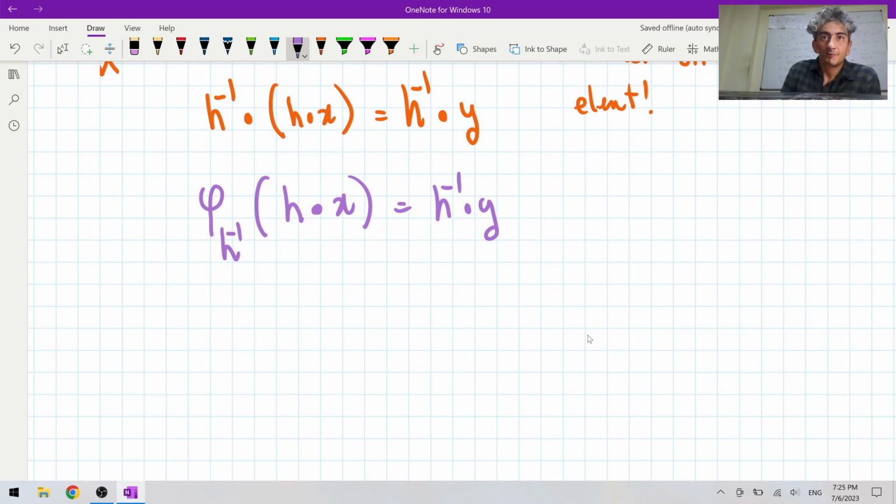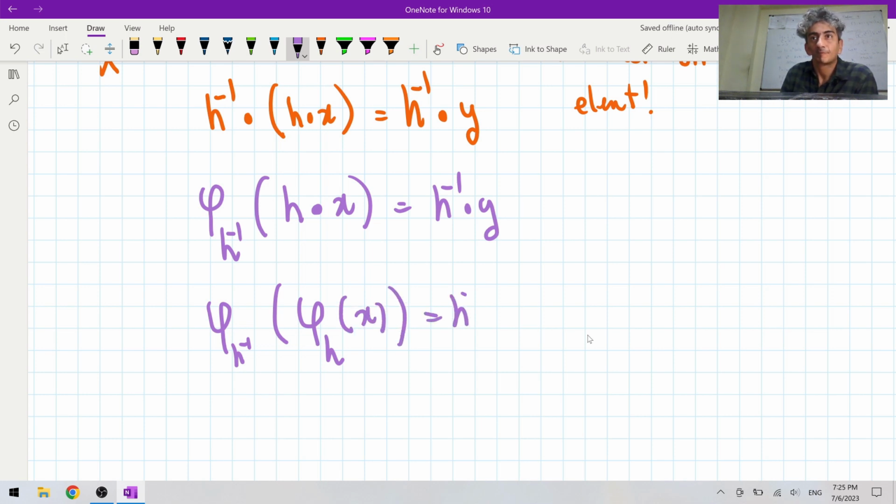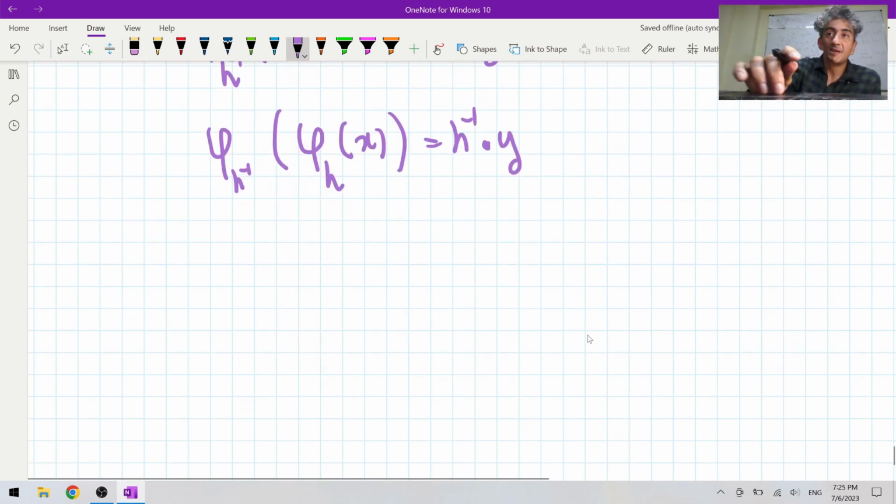This in turn is phi corresponding to h to the minus 1 applied to phi corresponding to h applied to X. And this is actually a composition of functions.